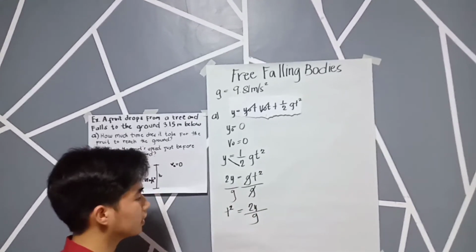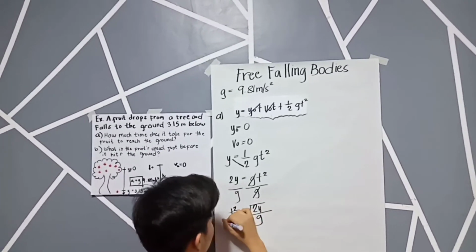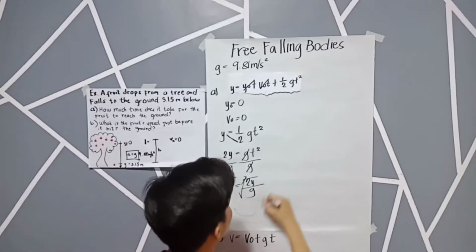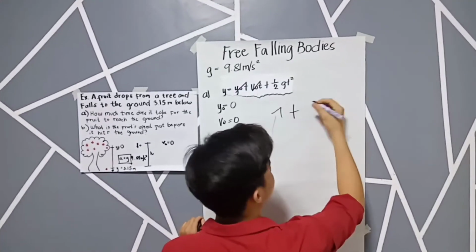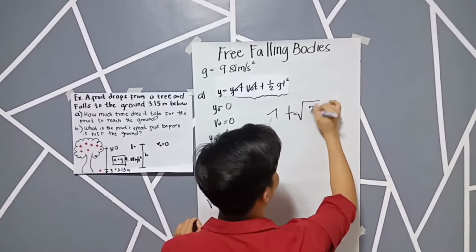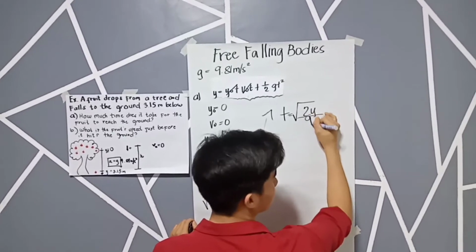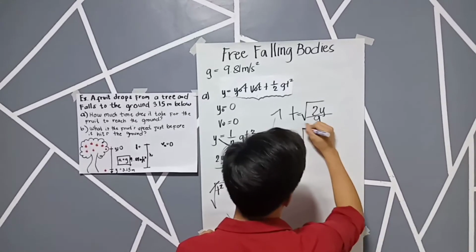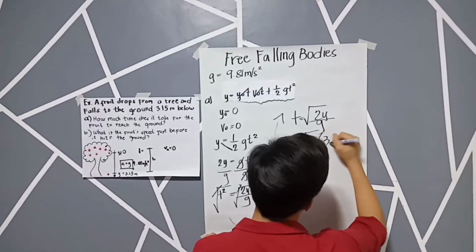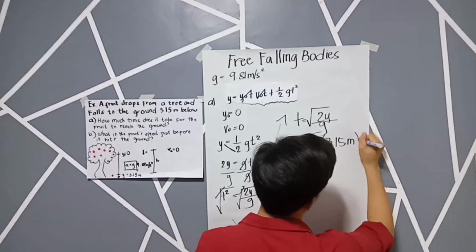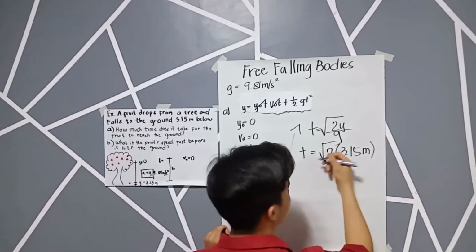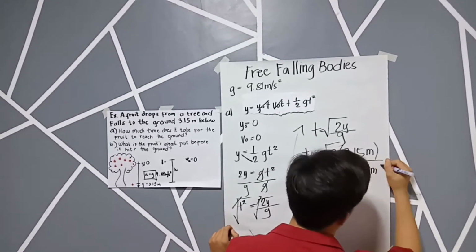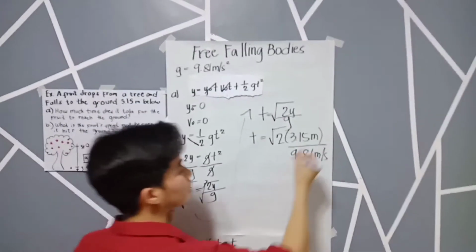So we have to take the root to cancel the square. Now t is equal to the square root of 2y over g, and by substituting the values, t is equal to the square root of 2 times 3.15 meters, or the height of the fruit, over 9.81 meters per second squared, and cancel the meter.